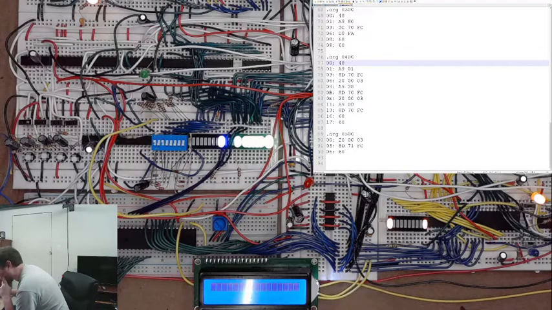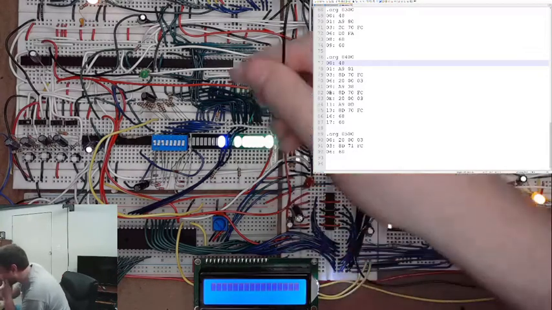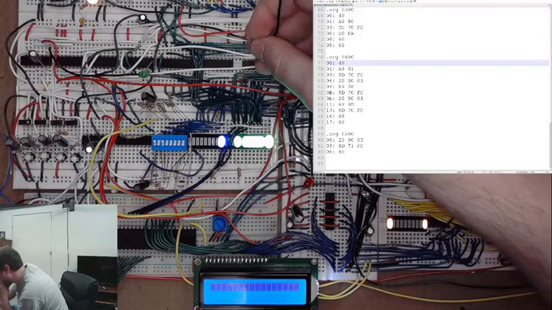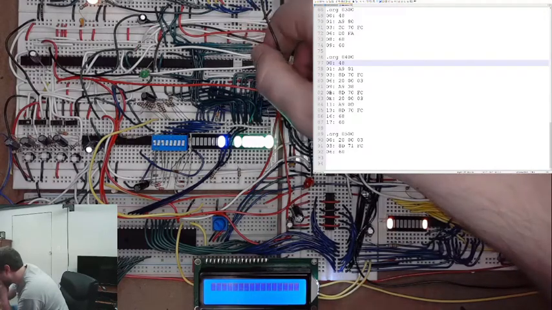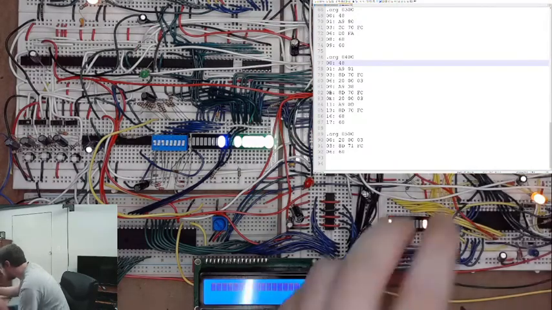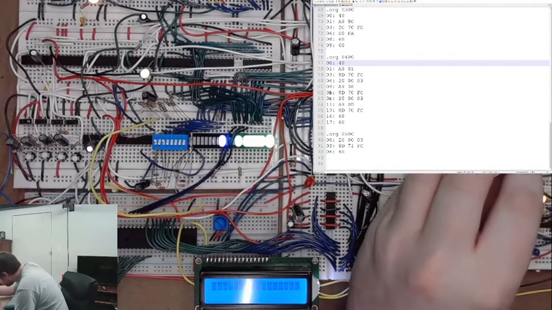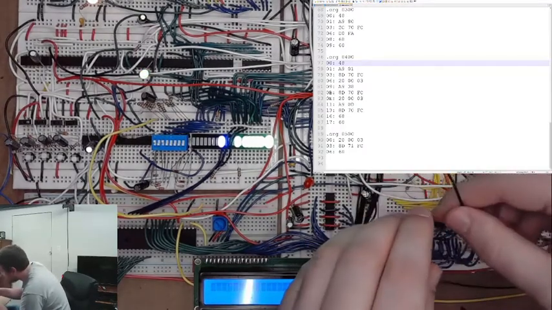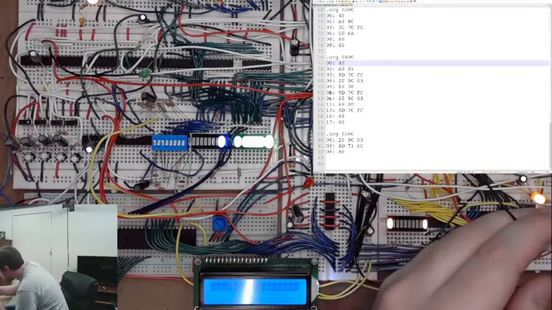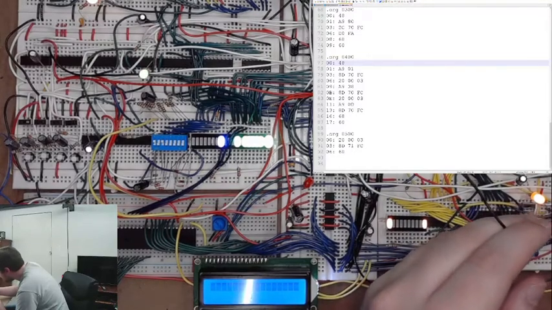The only other thing that can output is this stuff, as far as I know. Oh. Why did that just flicker the thing? Oh. It's these getting touched together.